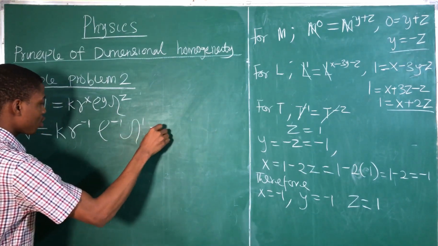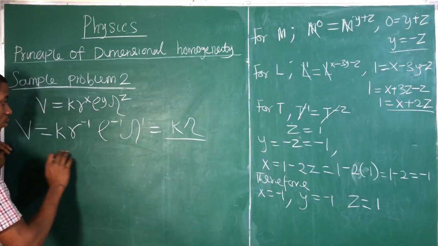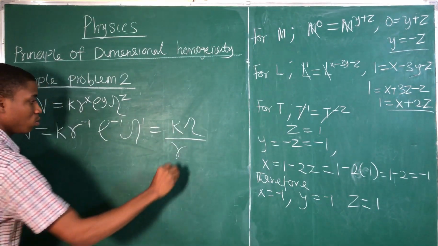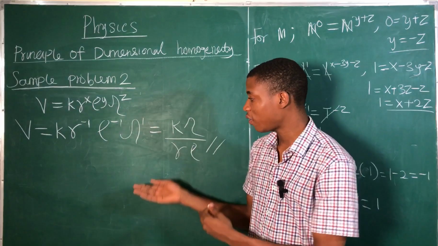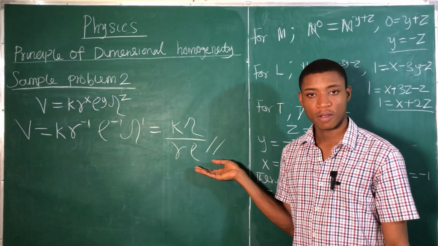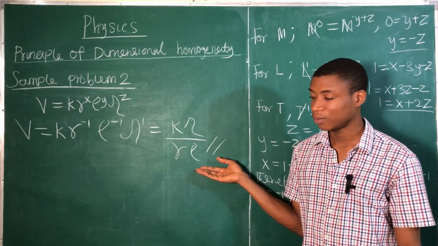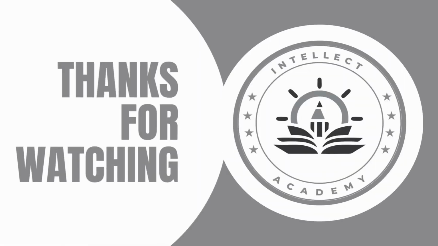So this becomes k times the coefficient of viscosity over radius times density. So this is the value of the velocity of a streamline flow. Of course, the concept is very, very easy.